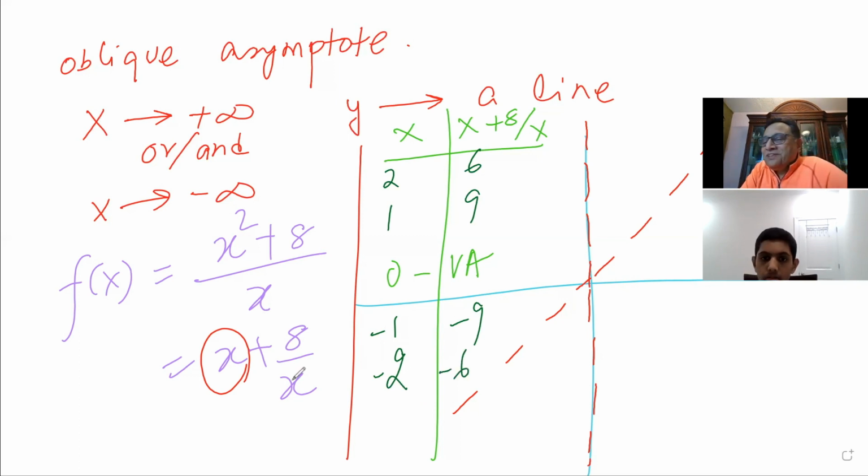It does have a symmetry, right? As you can see, the plus and minus values are negatives of each other, so it has an odd symmetry. We also see that on this side it is approaching from above. Why?